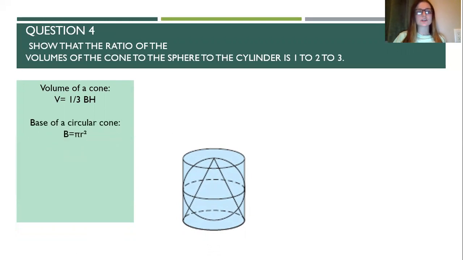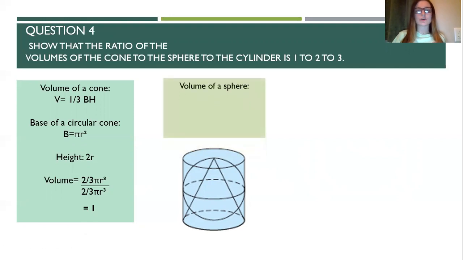The base of a circular cone is pi radius squared, and the height is 2r. So our volume would be 2/3 pi radius cubed, and dividing by 2/3 pi radius cubed is equal to 1.